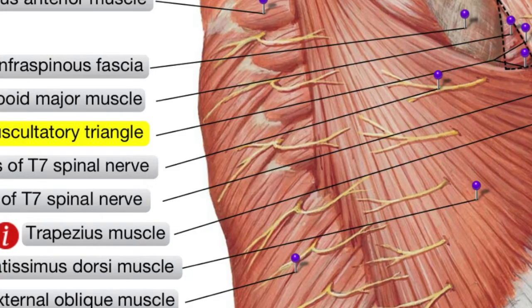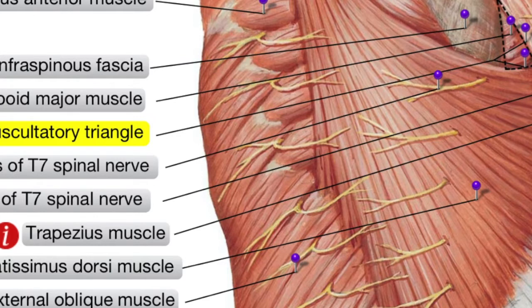there are important anatomic landmarks at the back, at the posterior chest that you need to be aware of, especially when it comes to auscultation. We have the auscultatory triangle, which is an area in the back which allows for better appreciation of the lung sounds.